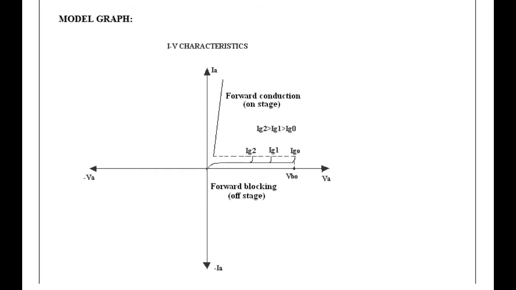Once anode cathode voltage reaches above the forward breakover voltage, SCR starts to conduct and there is a sudden increase in the anode current. Correspondingly, the voltage across anode cathode is reduced. This characteristic is drawn for different gate currents.